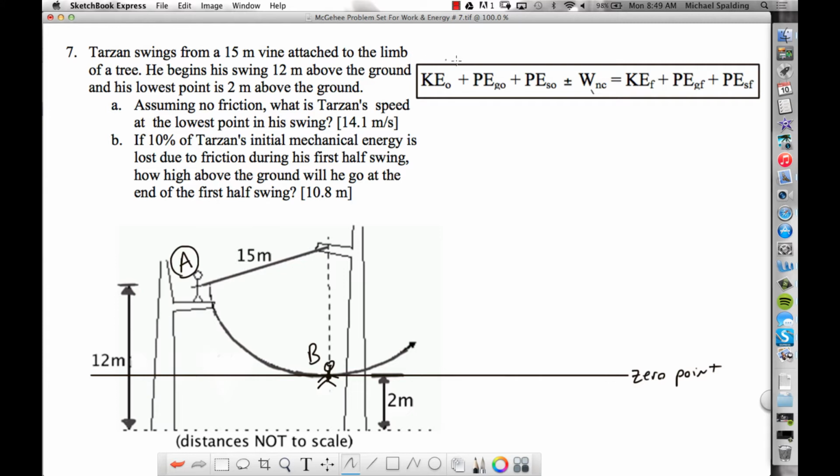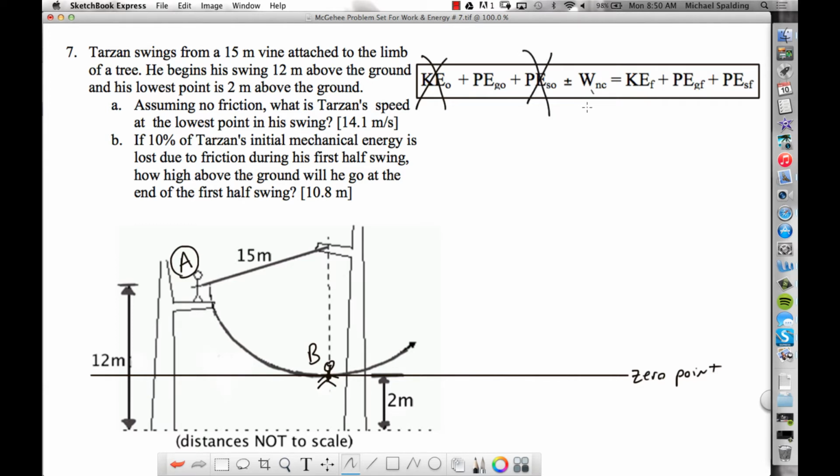Let's go through the energies. Up here at point A, at the start of the problem, does Tarzan start with kinetic? Is he moving at the start of the problem? Nope. At point A, does he have potential of gravity? Yeah, because he's above the 0 point. Is there any spring energy? No, that goes away.